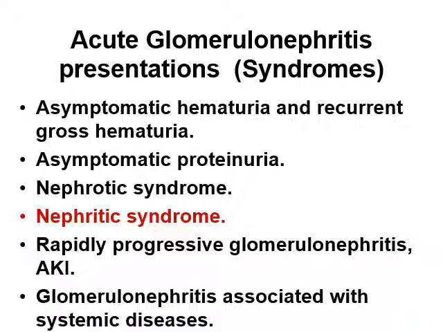And acute glomerulonephritis may be part of a systemic disease, such as lupus, for example. So these are the multiple presentations of acute GN. Again, the worst is the nephritic syndrome.